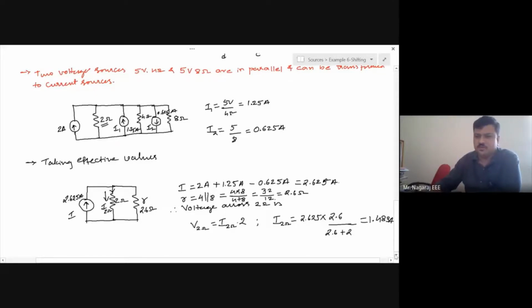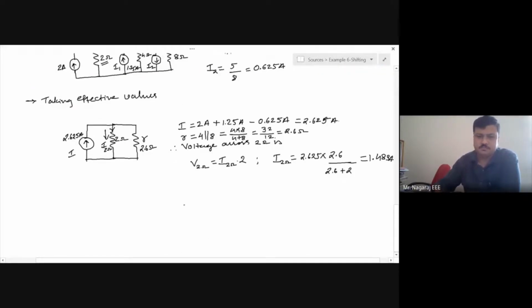Okay, so V2 ohms is equal to 1.483 into 2 ohms. It will come around 2.96 volts. So the voltage across 2 ohm is 2.96 volts.